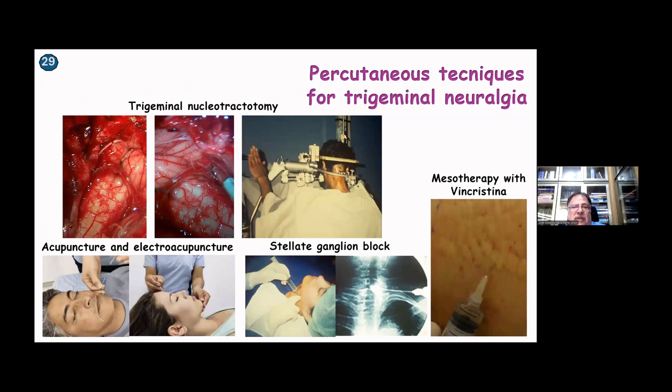Trigeminal nucleotractotomy can be done in a percutaneous way, a stereotactic percutaneous way.